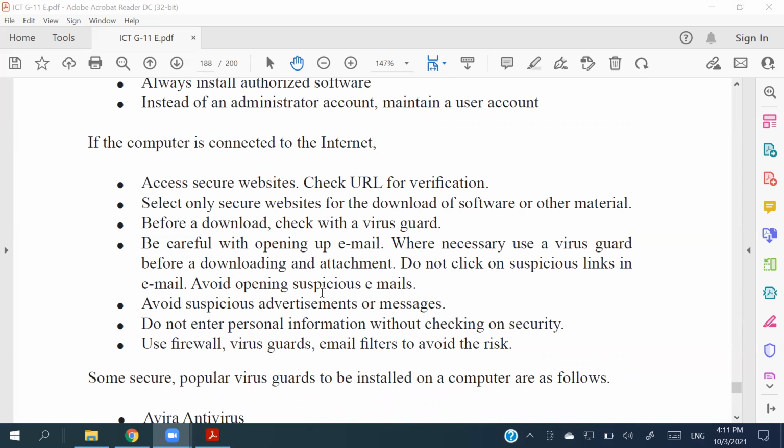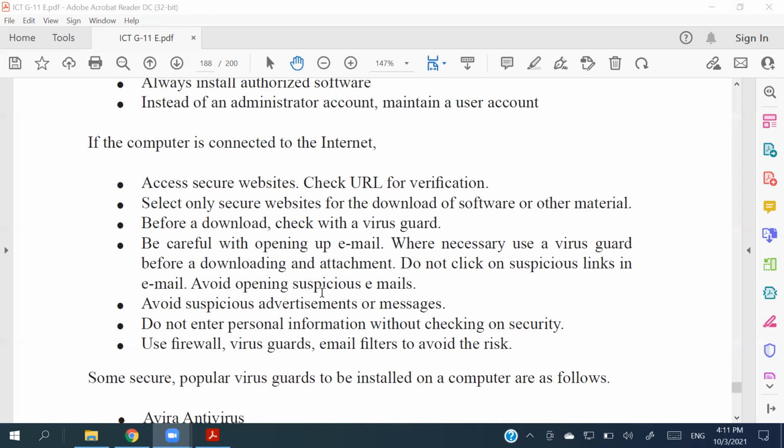As an example, if you want to download Microsoft Word or the Office package, it's better you go to the Microsoft official website and do the downloading, right? Because the official website will not allow you to download anything unwanted or harmful. And before the downloading, you can check the things with your virus guard if it is providing internet security, right?